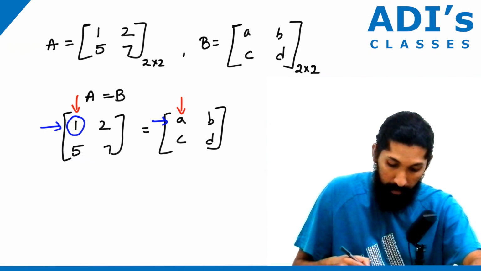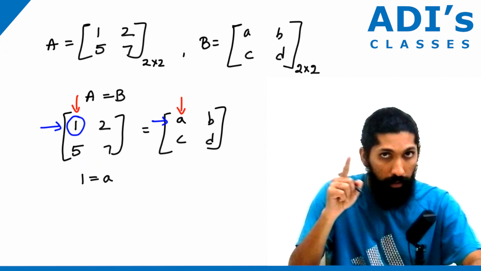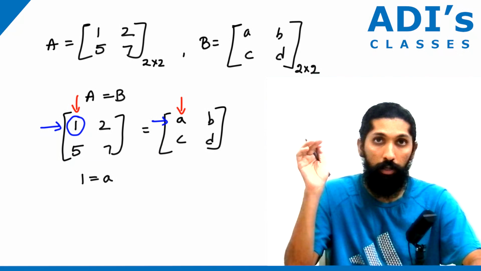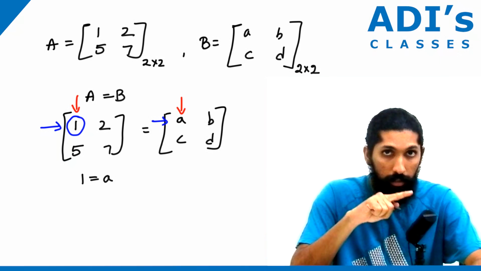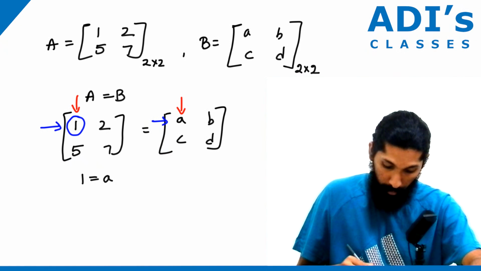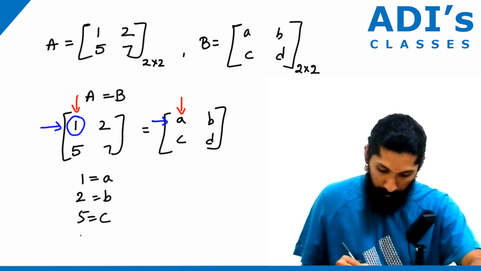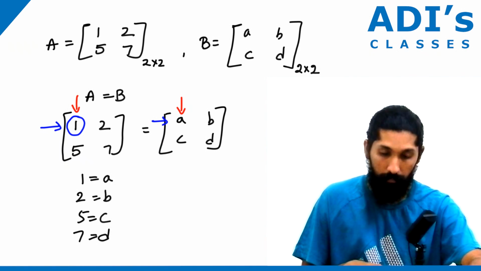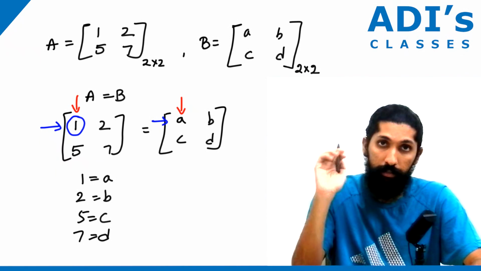So 1 is equal to a. The corresponding elements will be equal. You cannot just randomly equate one to another. So 1 is equal to a, 2 is equal to b, 5 is equal to c, 7 is equal to d. Now this is what we call equality of matrices.